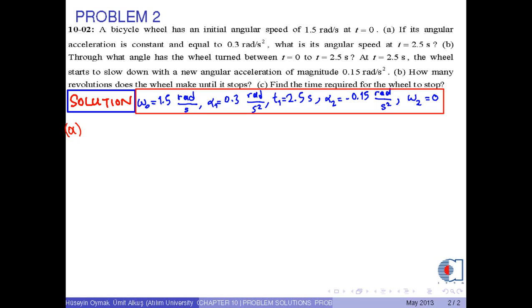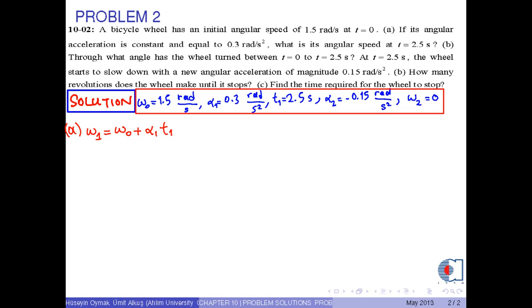In part A, in order to find the angular speed at time t equals 2.5 seconds, since we have a constant angular acceleration with magnitude 0.3 radians per second squared, we use this formula, where omega 0 is the initial angular speed and omega 1 is the angular speed at t equals 2.5 seconds.